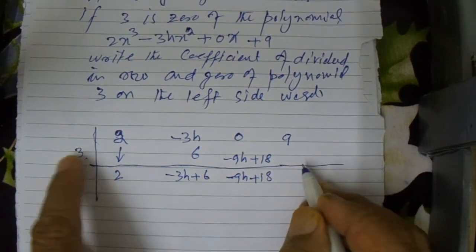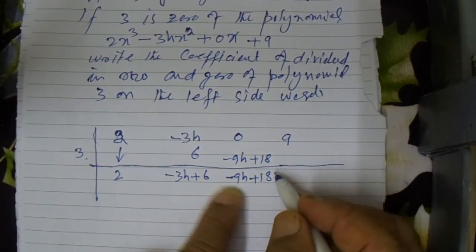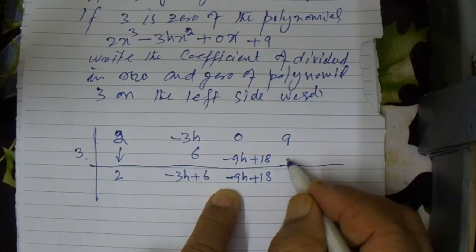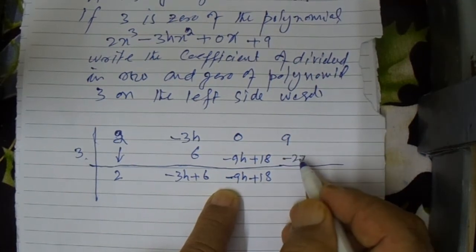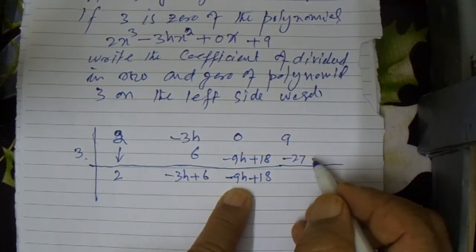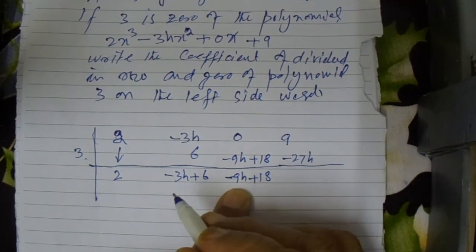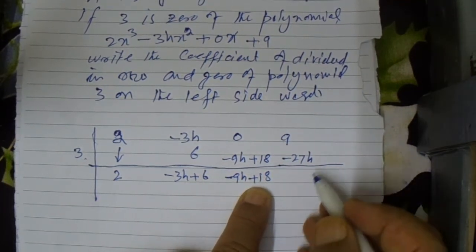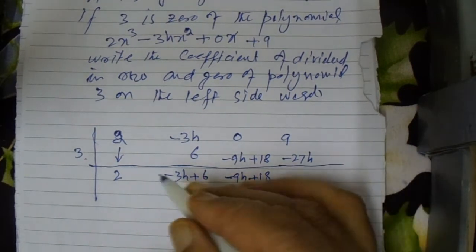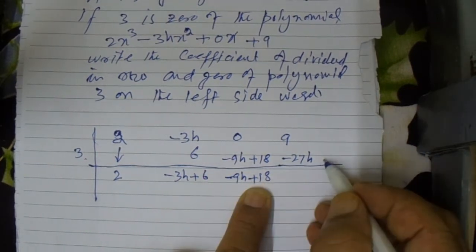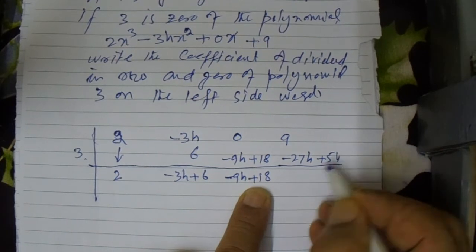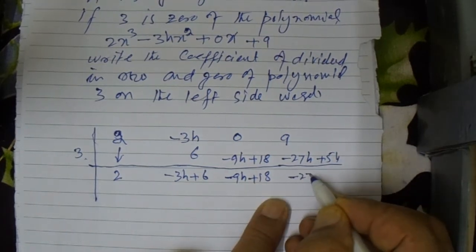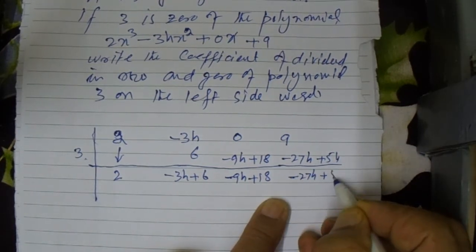Again multiplying, 9 threes are 27, minus 27h, and 3 eighteens are 54, plus 54. Now the remainder is minus 27h plus 54.